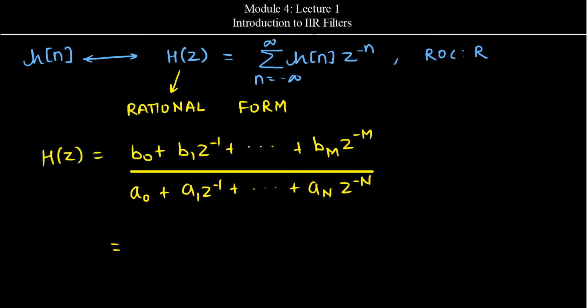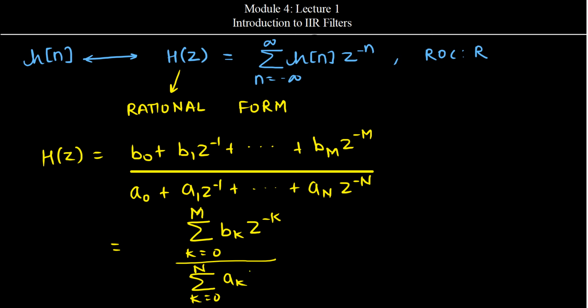and this can be written as summation k running from 0 to m bk into z to the power minus k divided by summation k running from 0 to n ak into z to the power minus k, and this expression of h of z is the standard form representation of the Z transform for any LTI system.